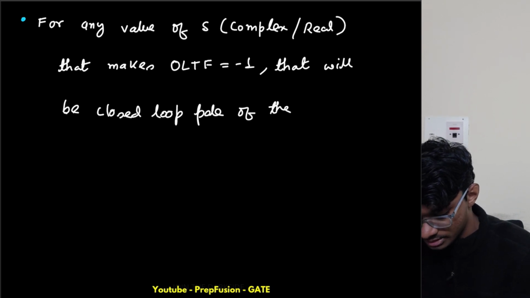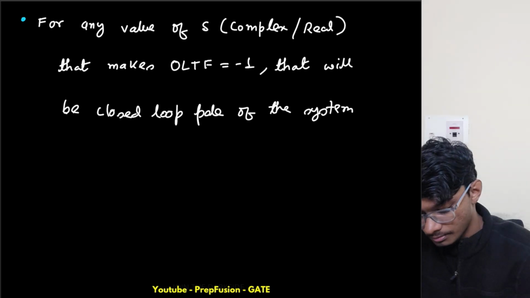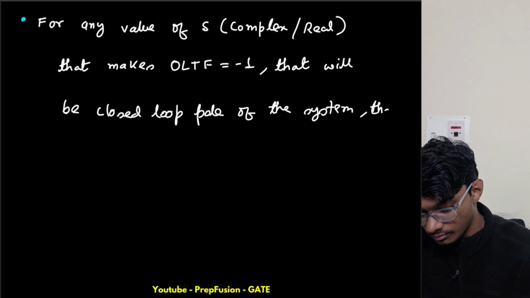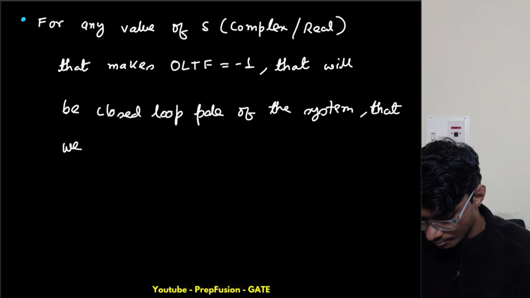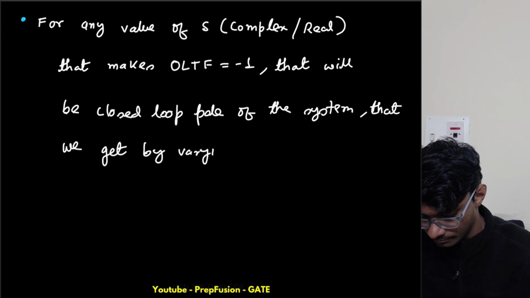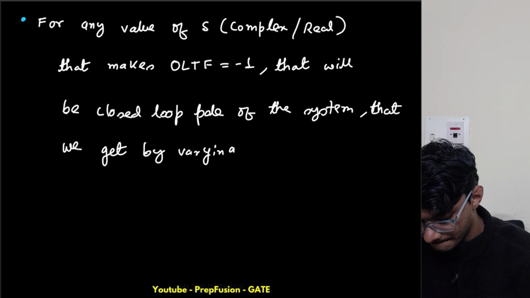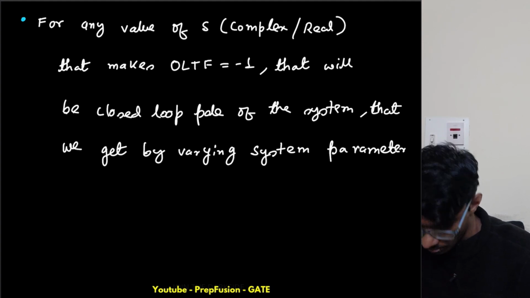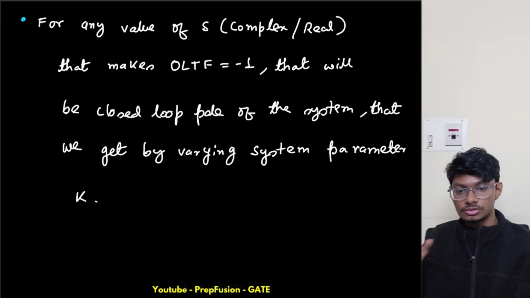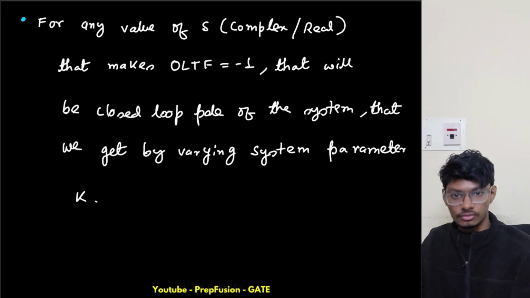of the system, and that we get by varying the system parameter K. Okay, so we vary K and we get this condition.